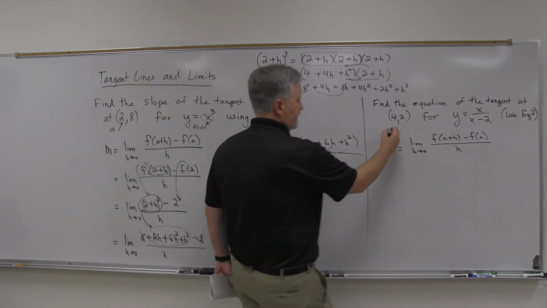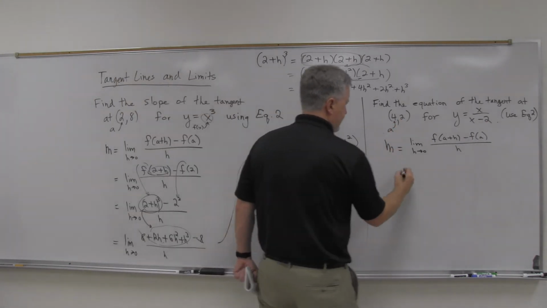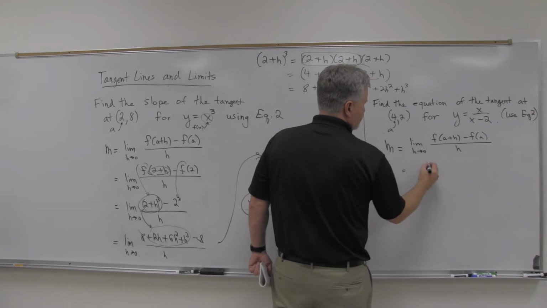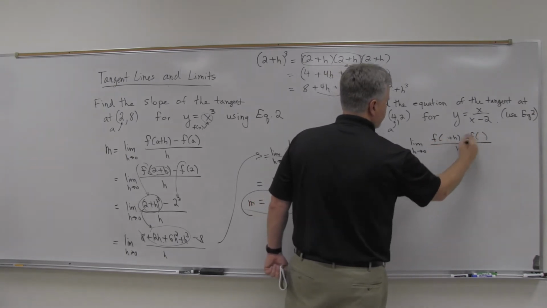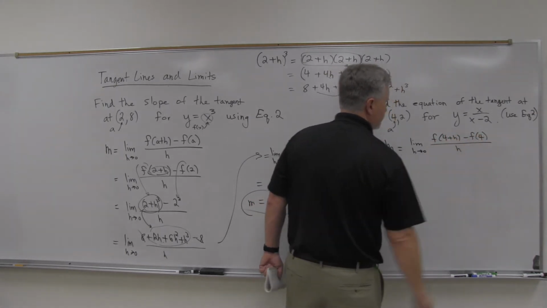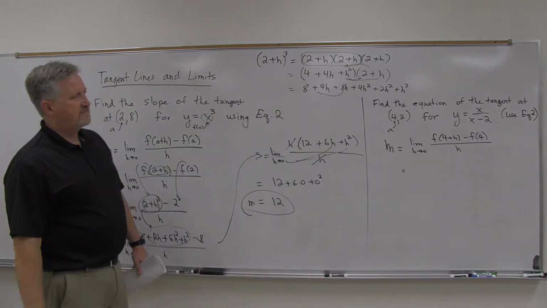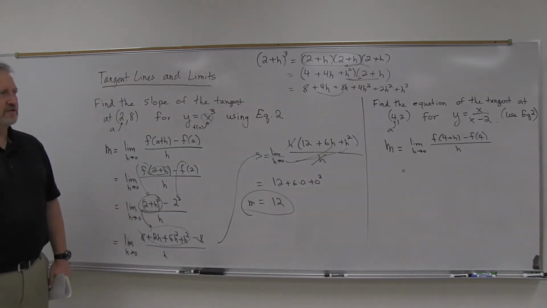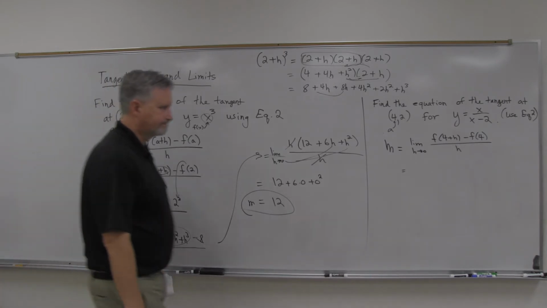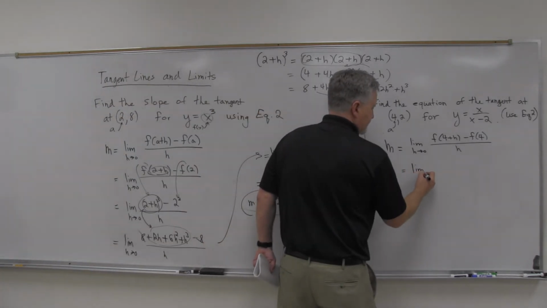In this case, the a is the x value, so that's 4. So you have 4 plus h. Let me go ahead and just write it here. So it'll be f of 4 plus h minus f of 4 over h. Limit as h approaches 0 then.